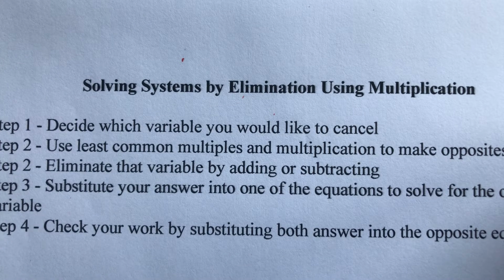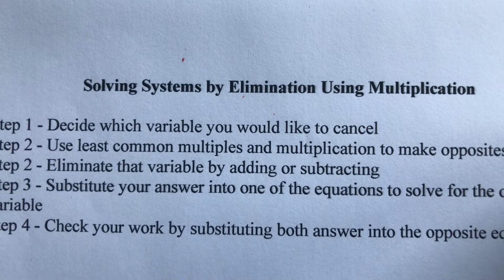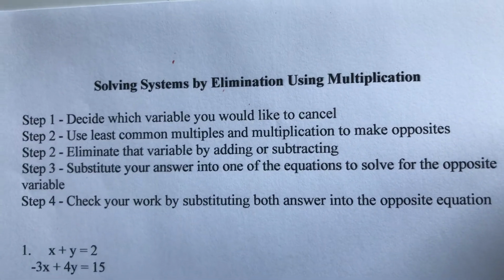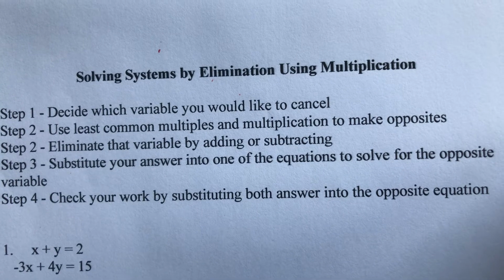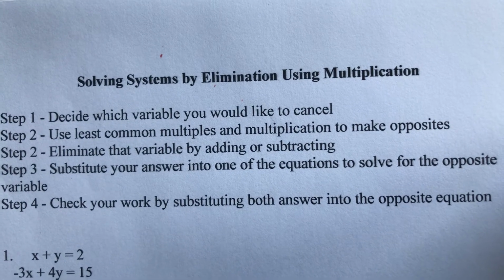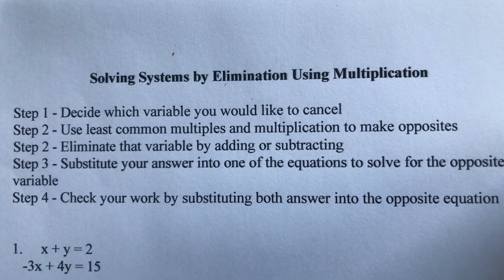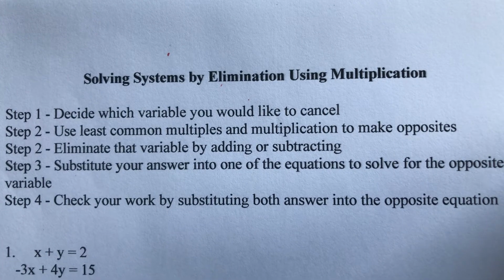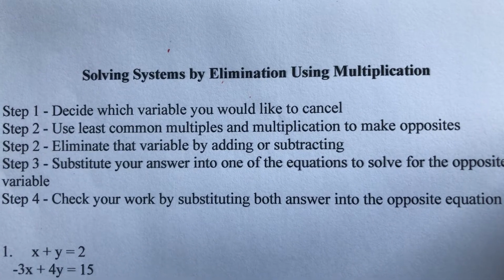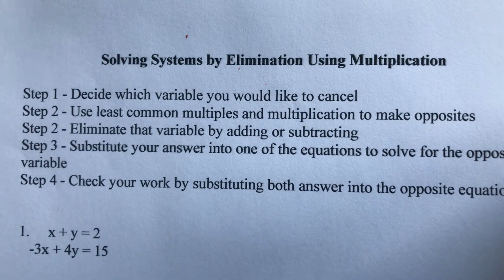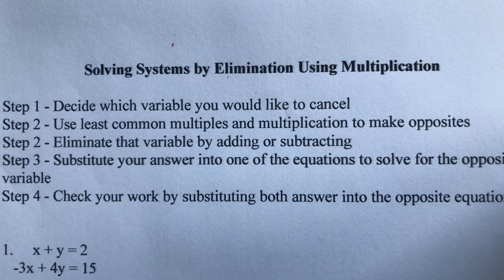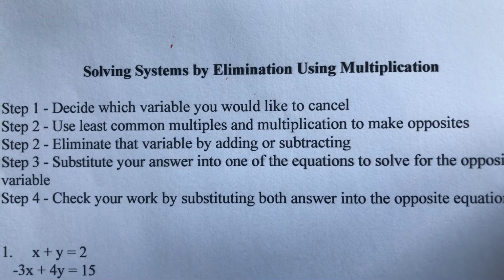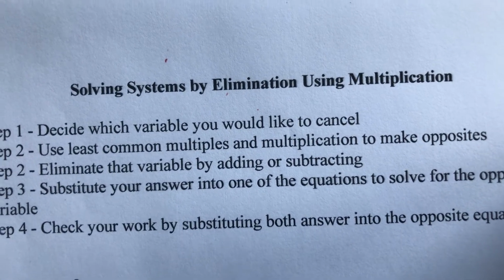We're going to use the least common multiple and multiplication to make opposites, or make the coefficient the same. By opposite, I mean we want a negative and a positive so that they cancel. So we'll eliminate that variable by adding or subtracting. And then the rest of this is the same. Substitute your answer back in to solve for the opposite variable and check our work.